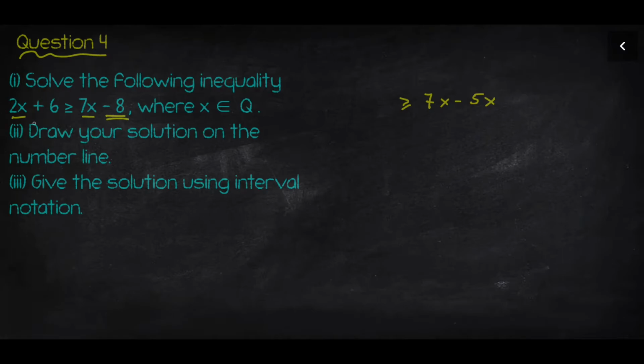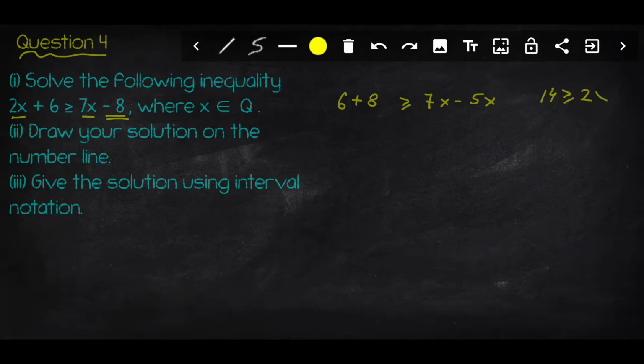Now you simplify that, and you'll get 14 more or equal than 7x minus 2x, so 5x. Now we're going to find x by dividing everything by 2. So we've got 7 more or equal than x.